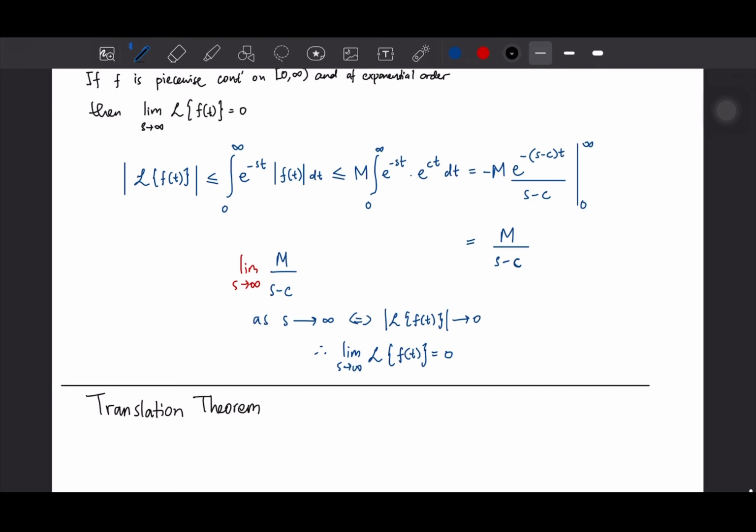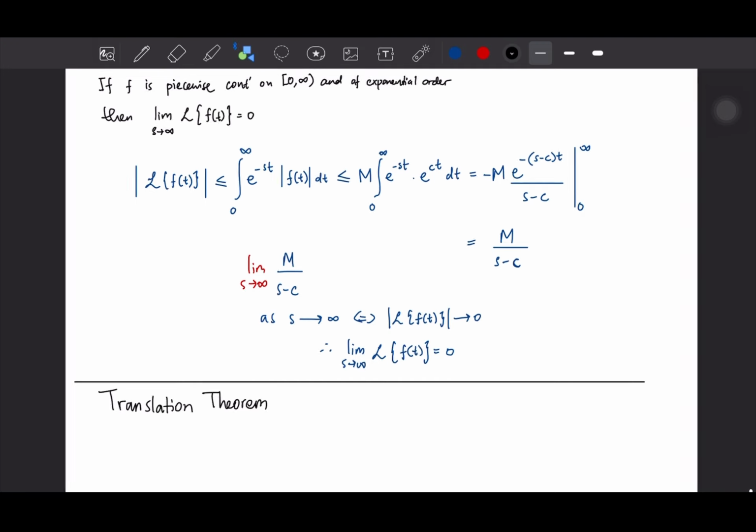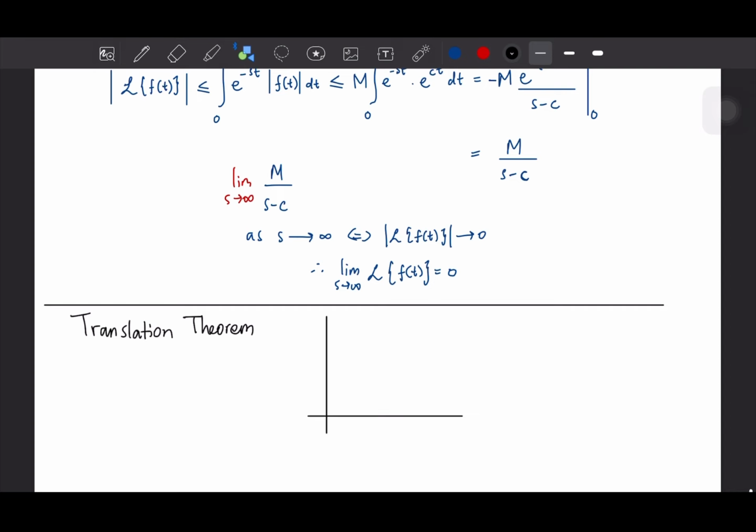Let's say this is our capital F. What we are going to do is shift it by some a units.